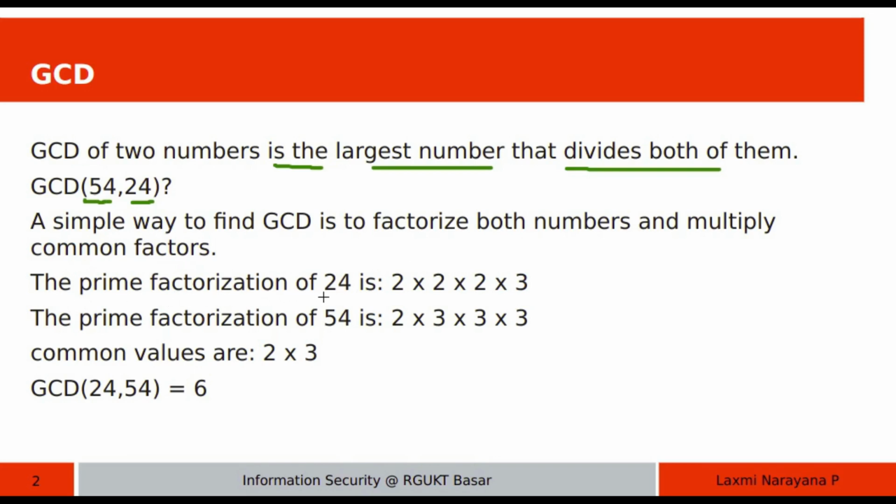Prime factorization of 24 is 2 x 2 x 2 x 3, and for 54 it is 2 x 3 x 3 x 3. Here common values are 2 and 3. So multiply both of them, you will get GCD 6.